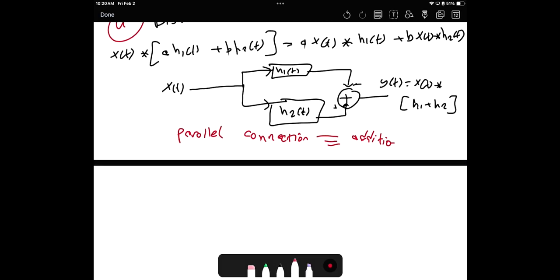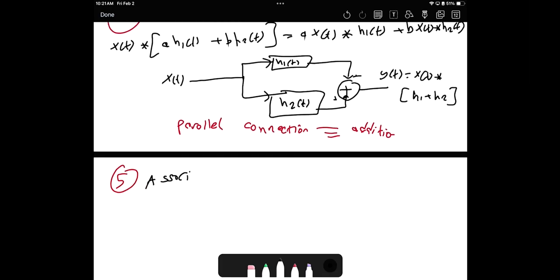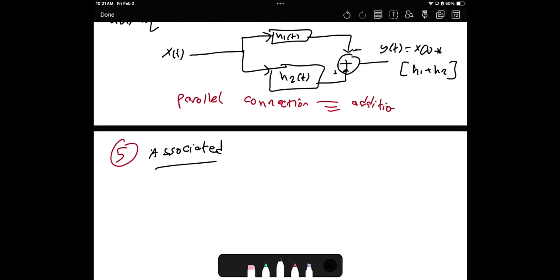Now, property number 5, associative. Associative means whenever we have x of t convolved with h1 and convolved with h2, when we do this kind of convolution with multiple convolutions, we need to calculate two of them first, then do the third.